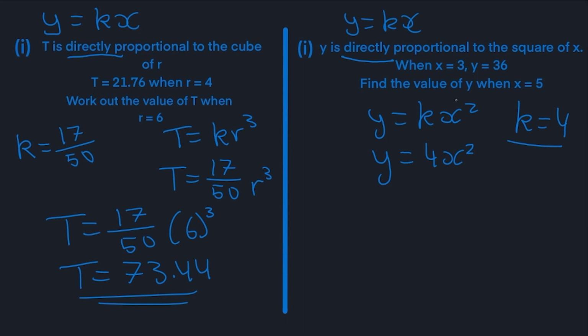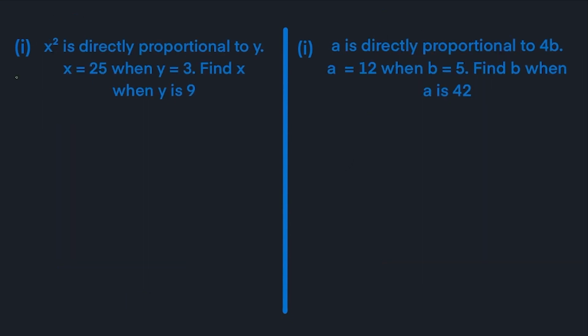And it's asking us to find the value of y when x is equal to 5. So we know that x is equal to 5, so it'll be 4 times 5 squared. 5 squared is 25, so 25 times 4 is just 100. And that's our answer.